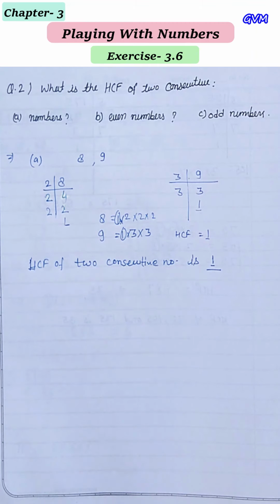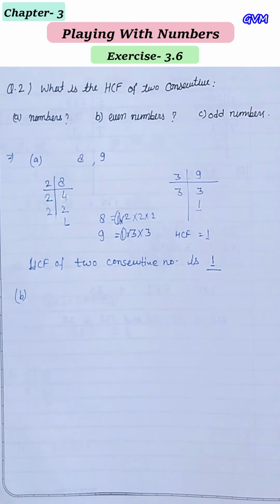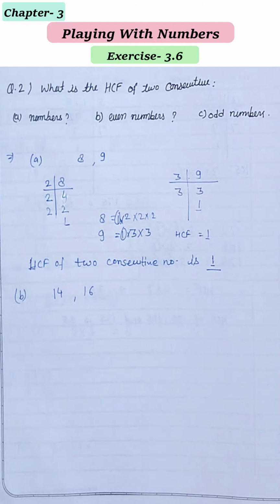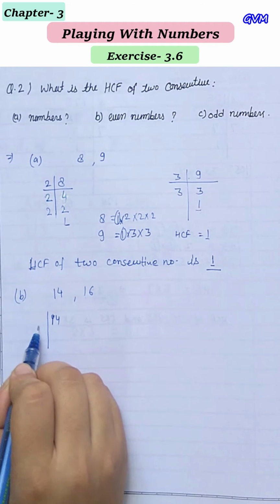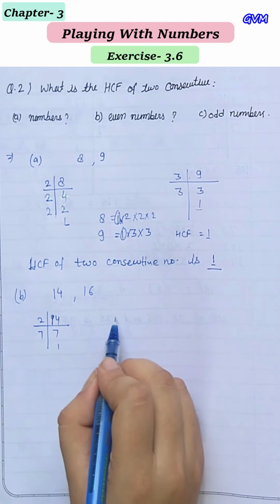So let's take two consecutive even numbers, 14 and 16. Okay, these are two consecutive even numbers. So find the factors. 14: 2 7s are 14 and 7 1s are 7.